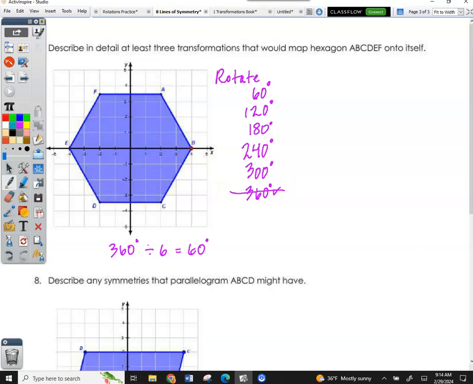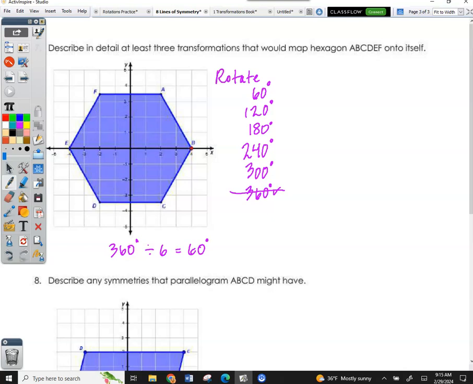Now let's go back to stuff we learned earlier in the week. Is there a reflection? Is there a reflection where you could take the image and flip it and it would land back in that shadow? Over the x-axis?